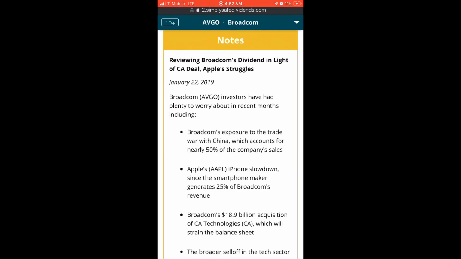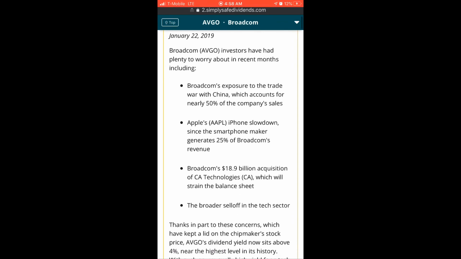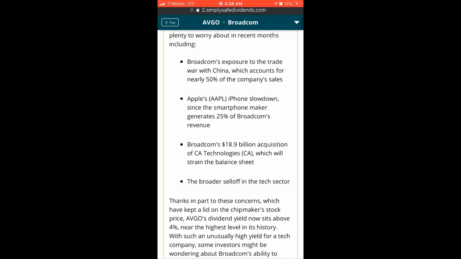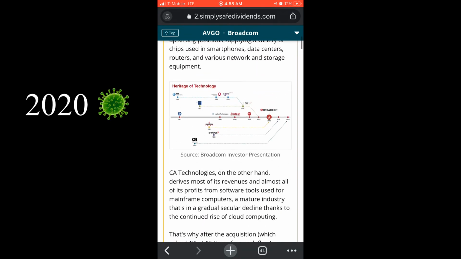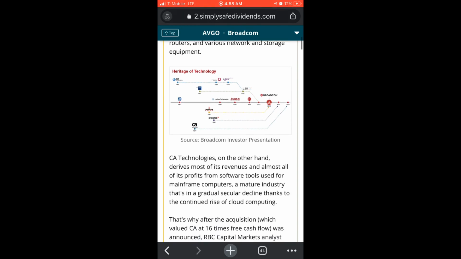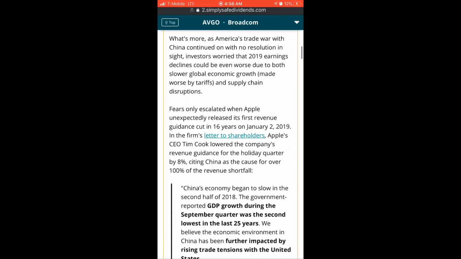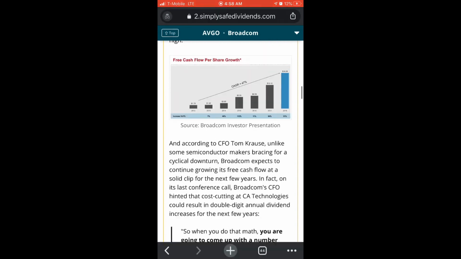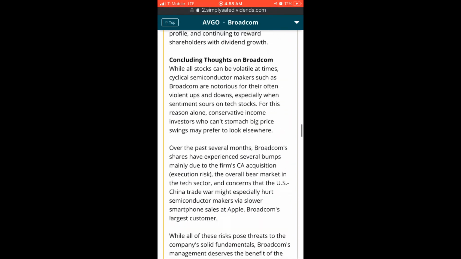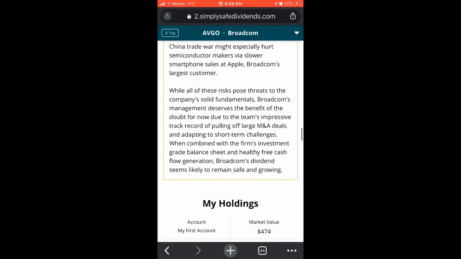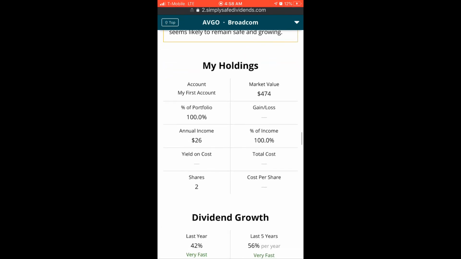They decreased the dividend safety because of the exposure of Broadcom with China, probably with the CA deal that they just bought this company. They spent a lot of money, and then you have this situation. It tells a lot of information here of the company. You can learn a lot from seeing how they've been growing the cash flow. So I really advise you to go to this website.